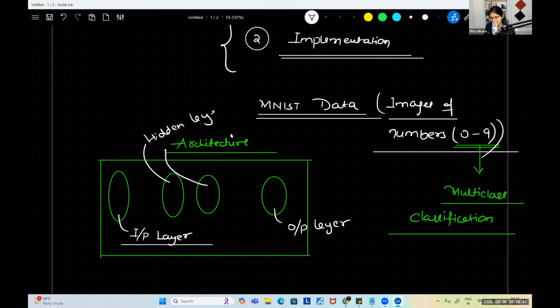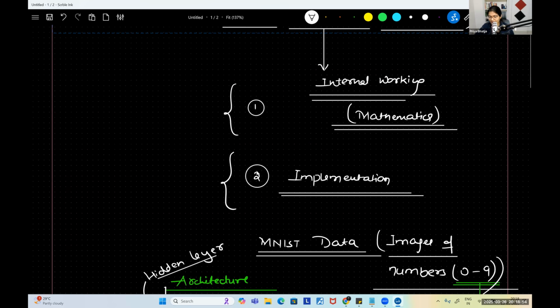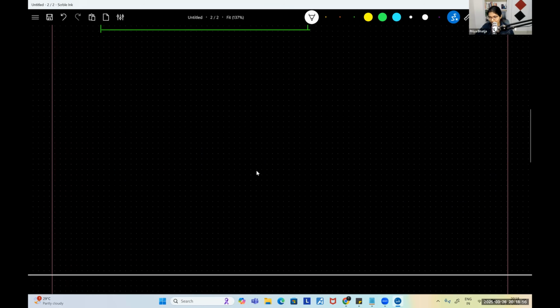But when you combine all these layers to perform any significant task, that combining together is what we call a neural network architecture, right? Now, let's try to understand today.